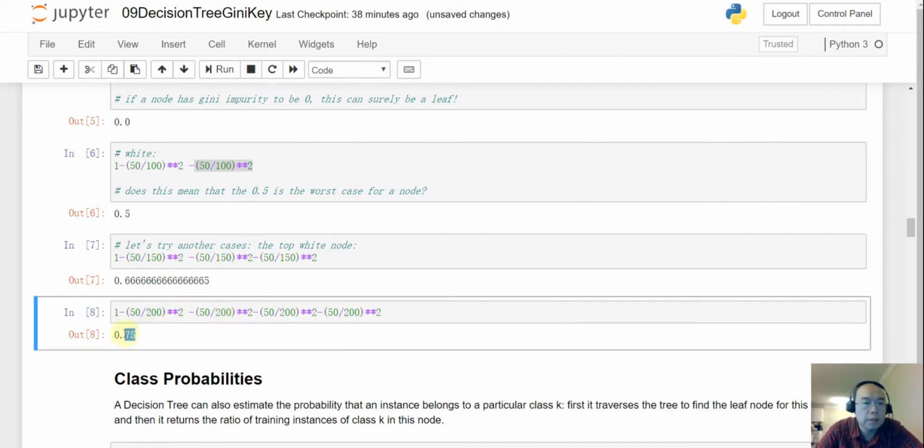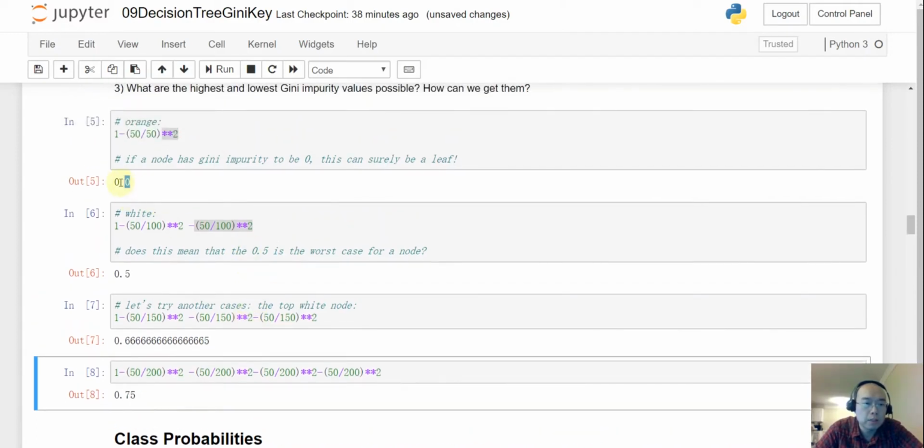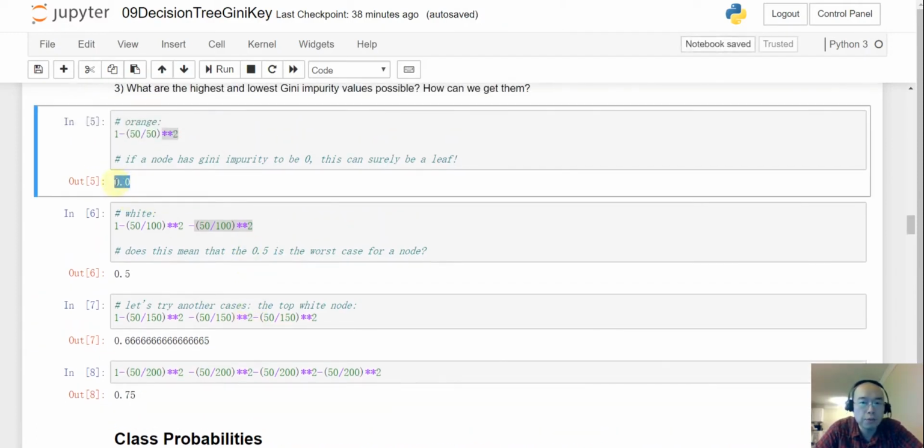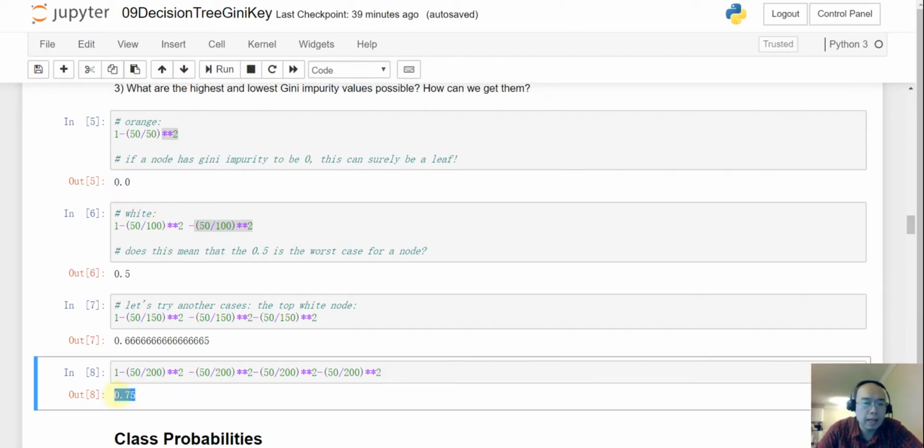So it seems that the lowest Gini value will be 0 for sure, and that is what we want to see. And for the highest Gini value, as the number of classes goes higher, we are going to get something closer and closer to 1.